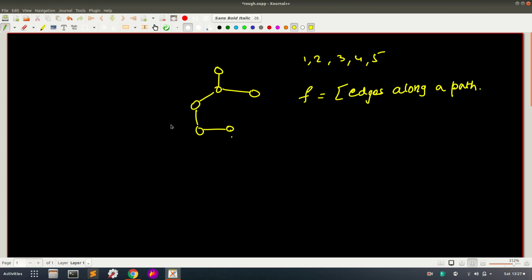Let's take an example for this particular edge. We have 2 nodes over here and 4 nodes over here. So whenever we want to travel from any of these nodes to any of these nodes, we have to take this particular edge.